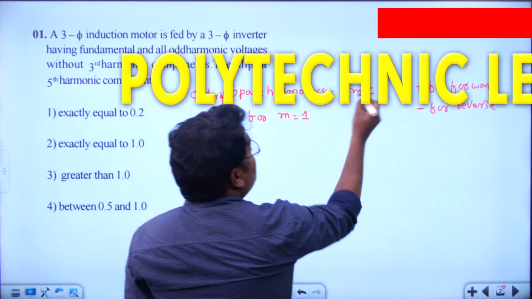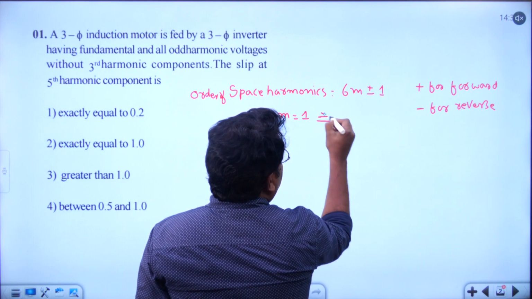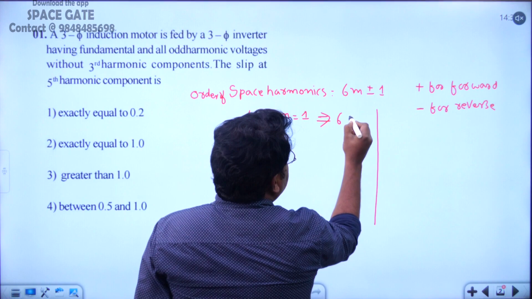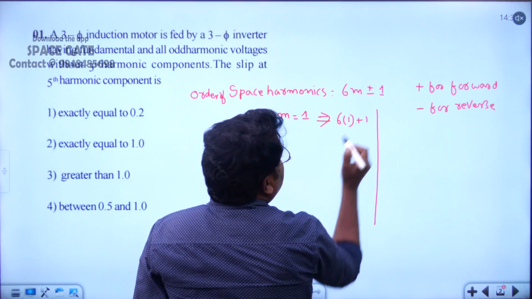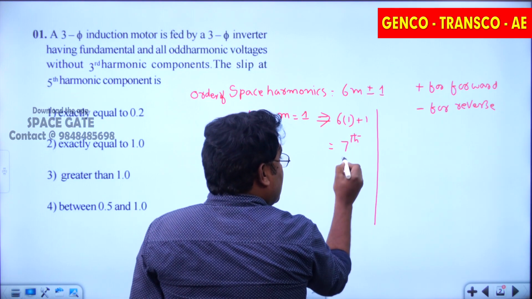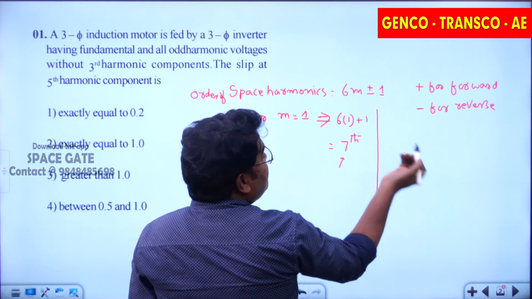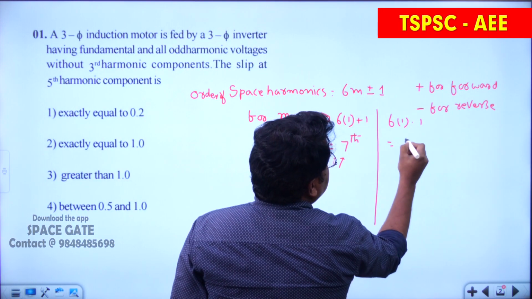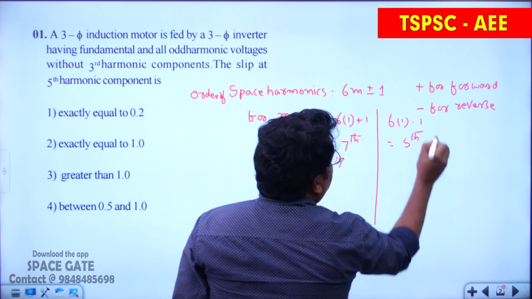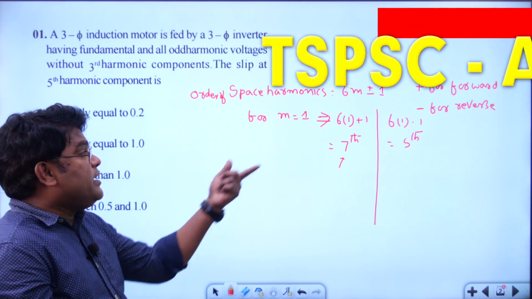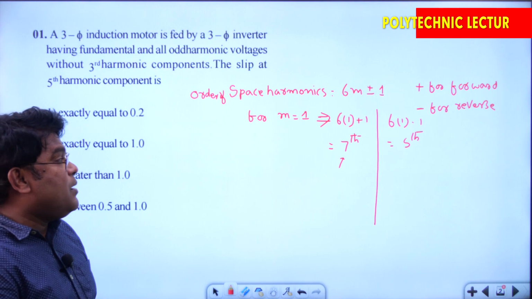For m equal to 1, 6m plus 1 gives 7, the 7th order harmonic, which is forward motoring. And 6m minus 1 gives the 5th order harmonic. One is the motoring mode of operation, and the next is the reverse motoring mode of operation.